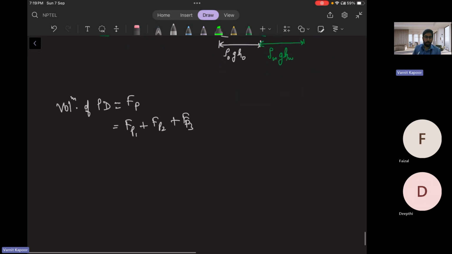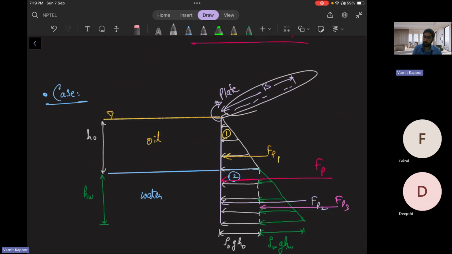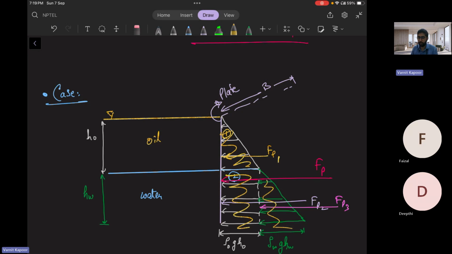And volume is nothing but area into width. So the width is complete B, and the first area is the area of a triangle, the second is the area of a rectangle, and the third is the area of a triangle. Okay, you get that?